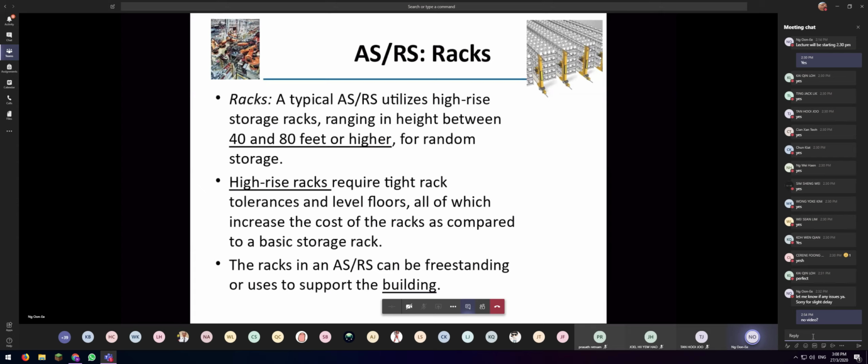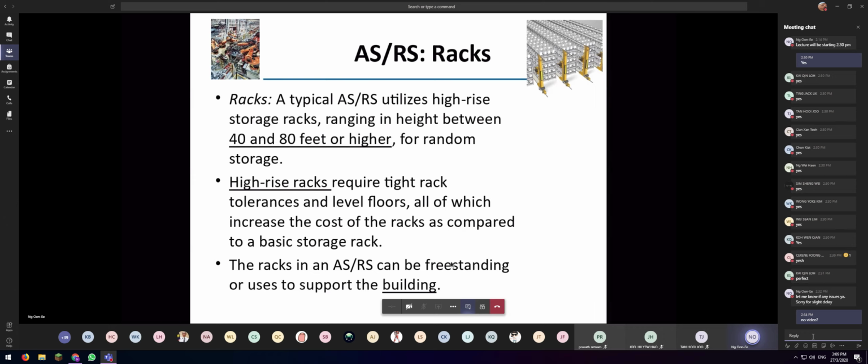If you think about this a bit, you will realize that if your floor is slightly inclined, then just a slight angle difference at the bottom will result in a high error at the top. Because if it goes really high, then there's a bit of a tilt, and this increases the cost of the racks for high rise as compared to the basic storage rack. But of course, the higher you go, the more you can fit in the same floor space.